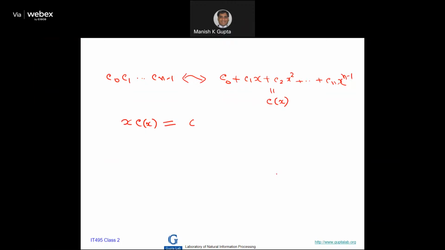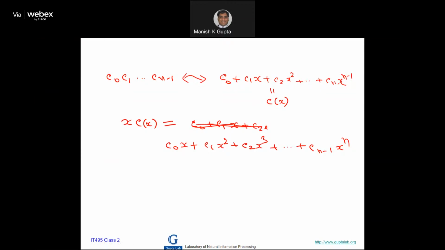So x times c(x) is c0x plus c1x squared plus c2x cubed, up to c(n-1) x raised to power n, right?